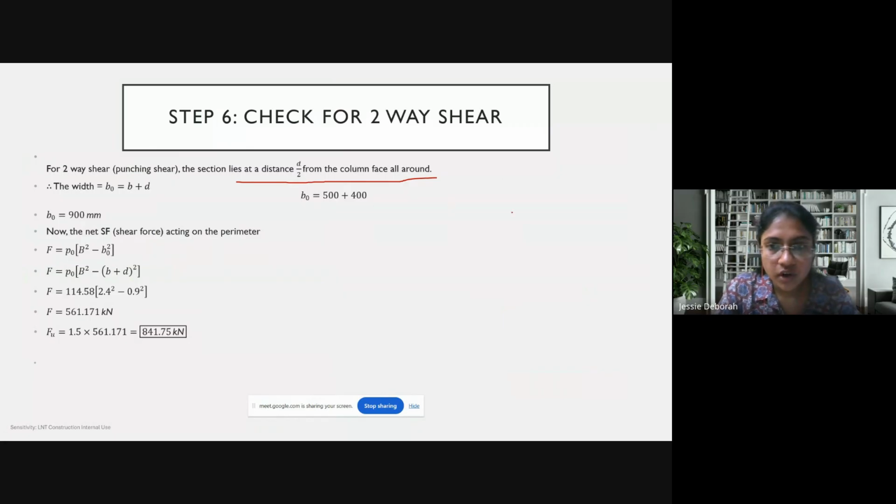So overall, this is your footing, this is your column, and this is the distance. Now, this is going to be b naught.